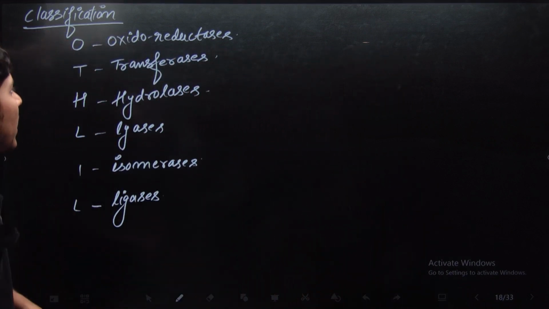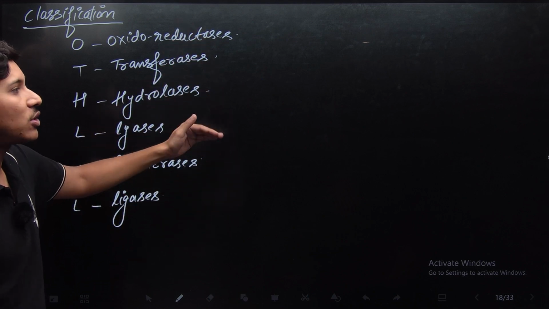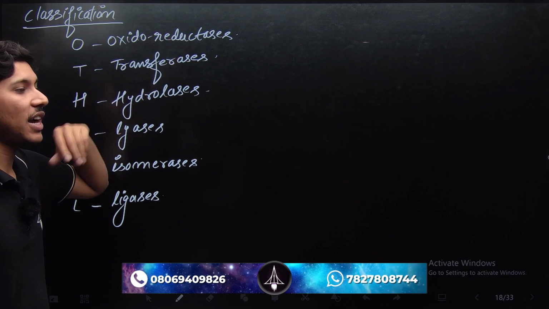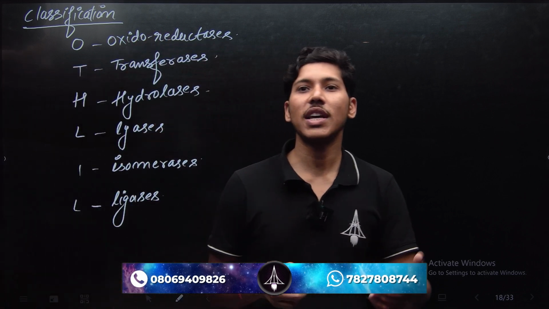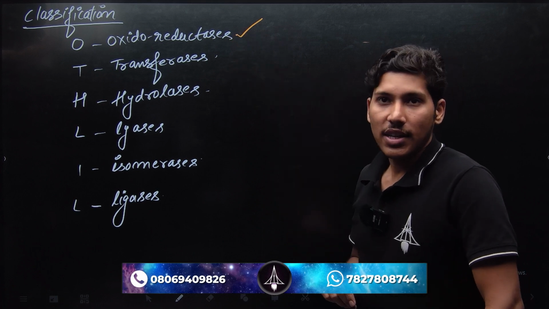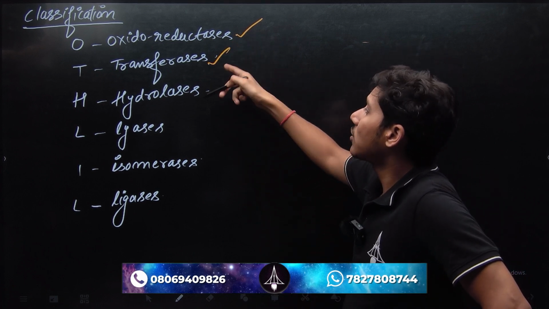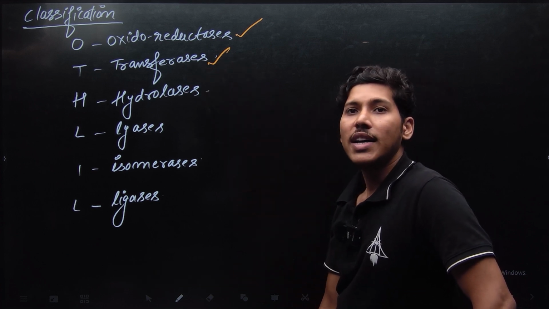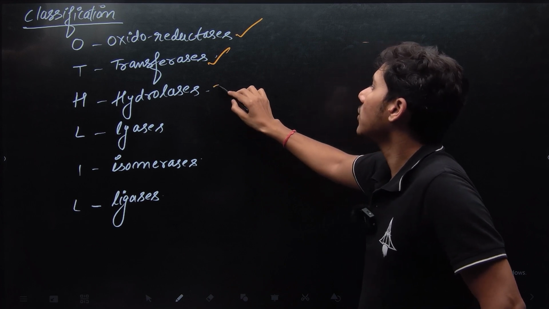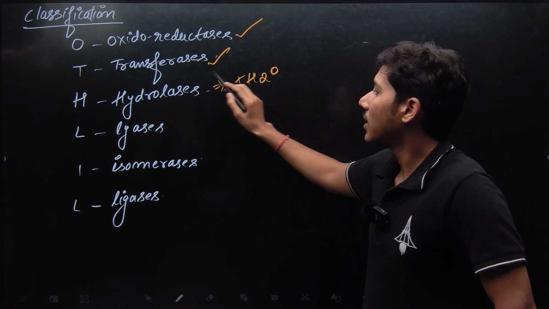Now, in enzymes, only one topic is remaining, that is the classification of enzymes. Enzymes are divided into different classes based on their functions. Those involved in oxidation-reduction reactions or the transfer of electrons and protons are grouped under oxidoreductases. If involved in transfer of a functional group, they are transferases. If involved in hydrolysis, the breakage of a molecule in the presence of water, they are hydrolases.